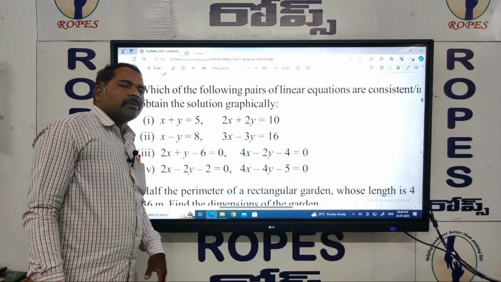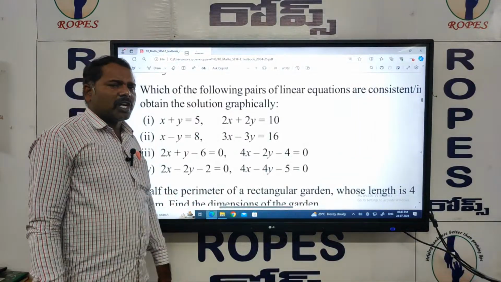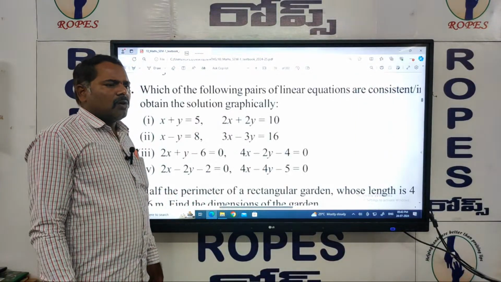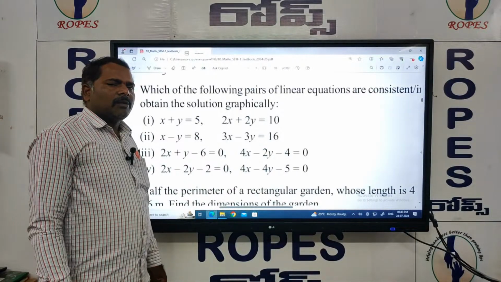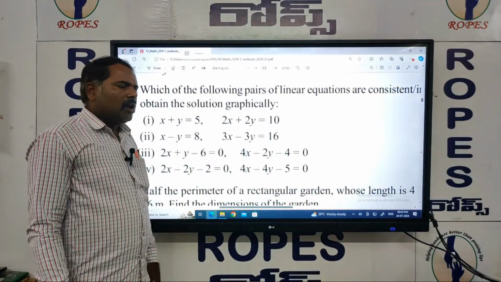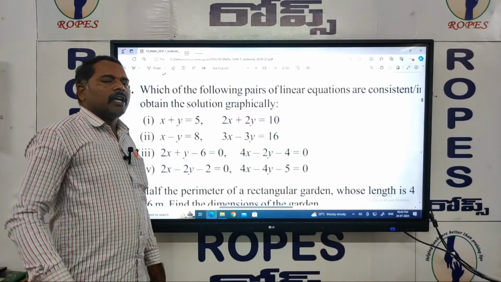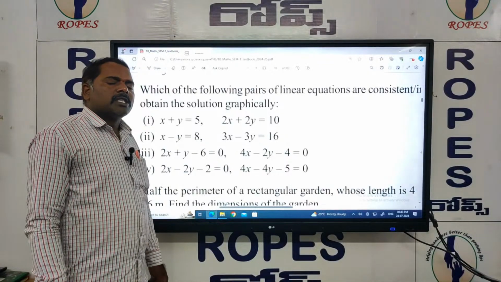In finding consistent or inconsistent, first we should write the coefficients. So what are they? A1, B1, C1 and A2, B2, C2. After writing that, we should compare the ratios of A1 by A2, B1 by B2, C1 by C2.